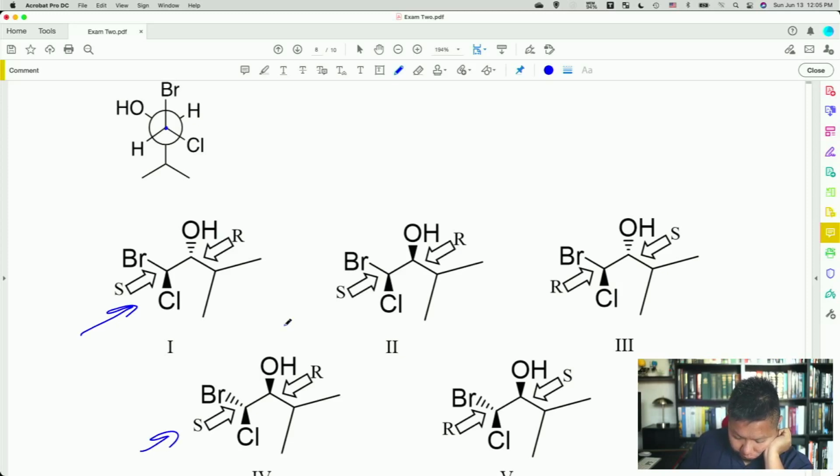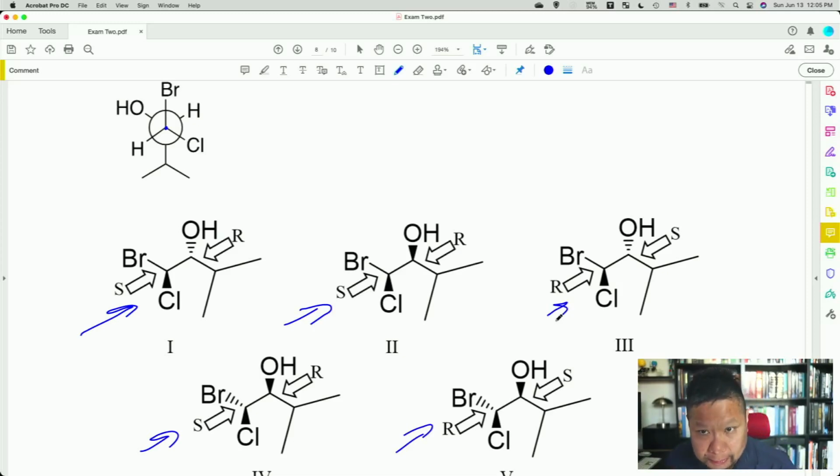The bromine is in the plane of the paper. It's not going out of the paper or into the paper. So you can already rule out this guy here because it has the bromine going backwards into the paper.